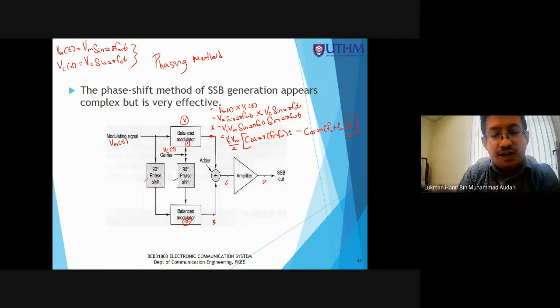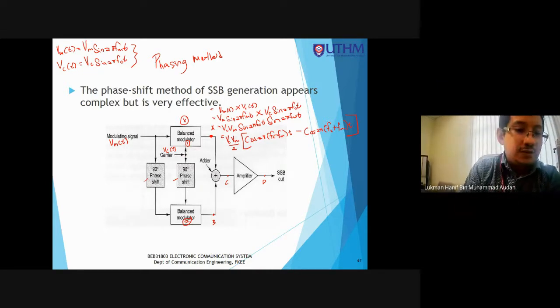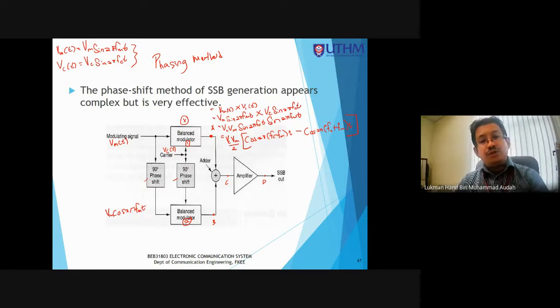And what happened in the second balance modulator? Kita akan lihat pada second balance modulator yang kedua, what happened? So VMT goes through the phase shifter. So what happens is that it will produce Vm cos 2 pi Fmt. Ni boleh cuba guna kalkulator.